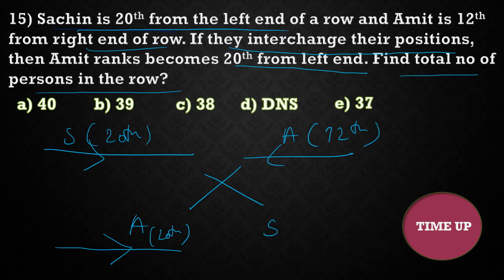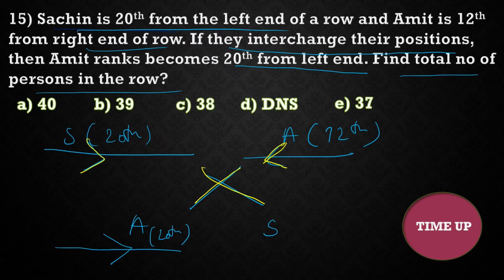No, students. That's why I told you, whatever trick or tips I give you, use that in the question and read the question very carefully. What I had told you, the positions after interchanging, this arrow mark position should be the same. But after interchanging the positions, what has happened to Amit here?